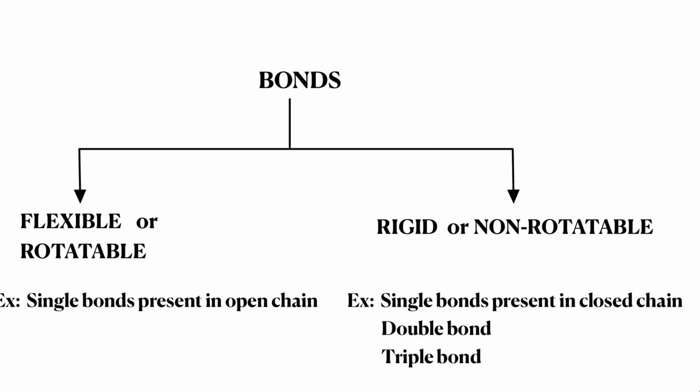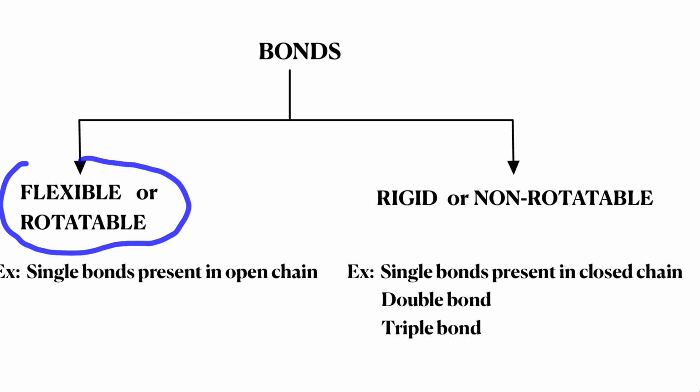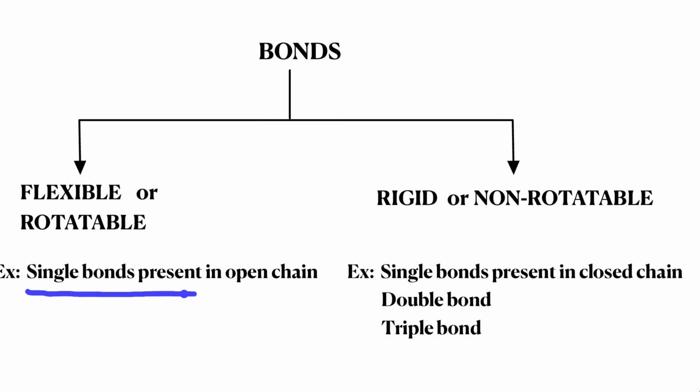That means bonds are classified into two types: flexible or rotatable bonds, and rigid or non-rotatable bonds. If you see the examples of flexible or rotatable bonds, the single bonds present in open chain, which we already discussed, are an example.